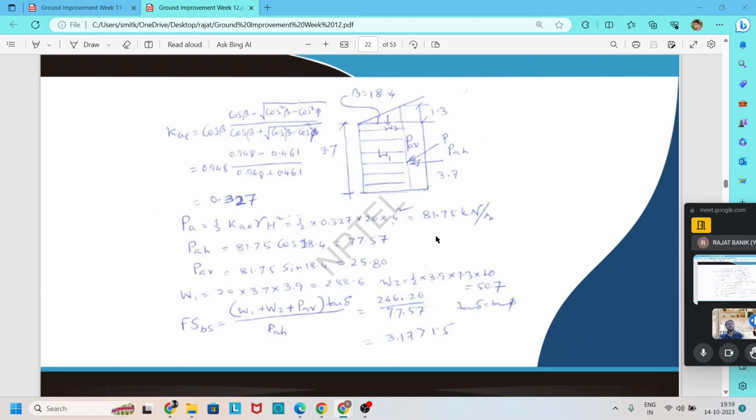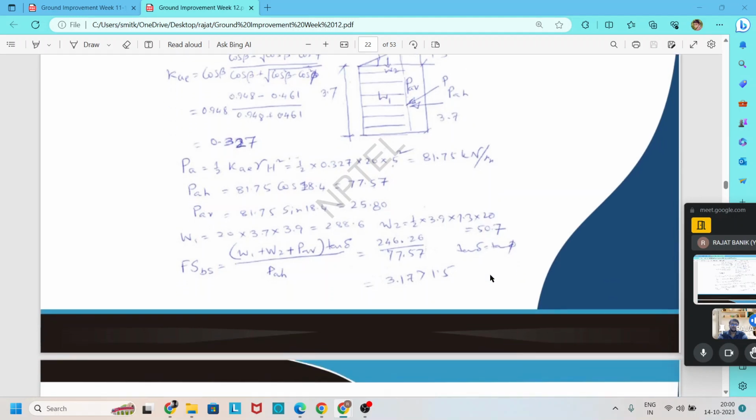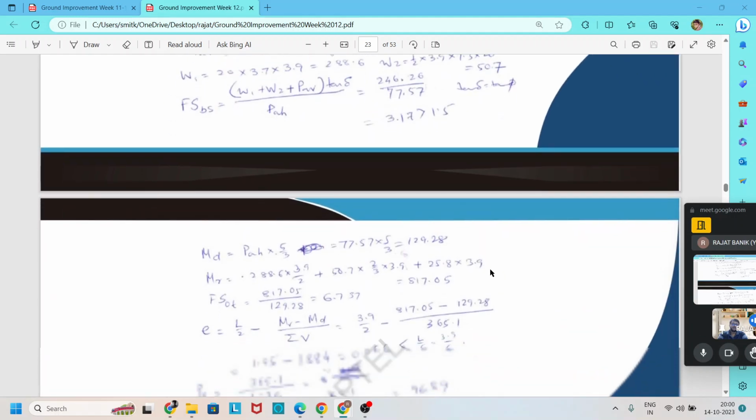Then we need to check the different failure modes: sliding, overturning, bearing capacity, and tension creep. In all the cases we find that the factor of safety is more than its required value.